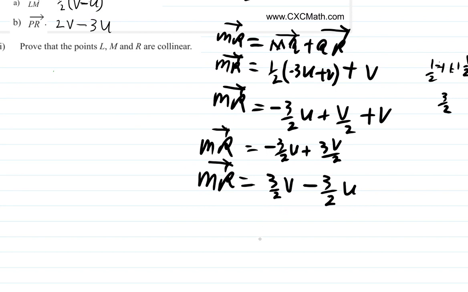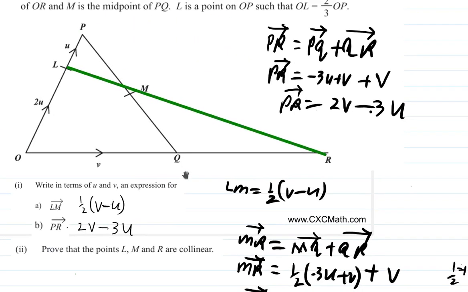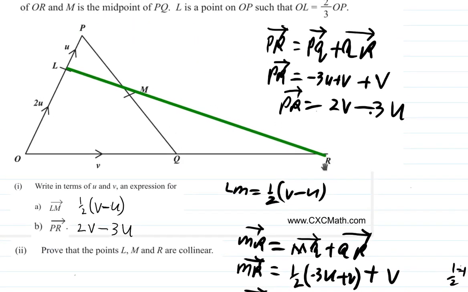Now, MR equals, you factorize, 3 over 2, 3 halves, comes outside the bracket, open bracket, V minus U. Alright. That is MR. From M to R is that. Now, from L to M is what? We have it up here already.